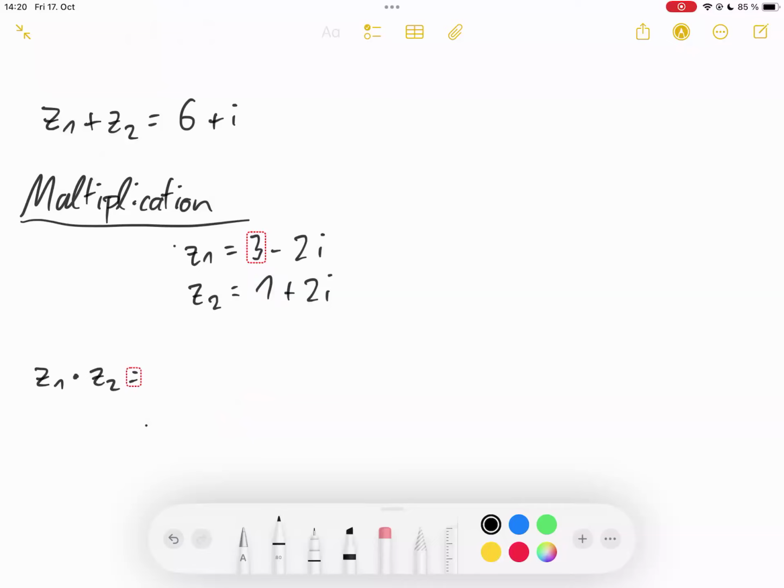You can think about how you would multiply them, but eventually this is just algebra because you have these two numbers with their components, and so we can write this out.